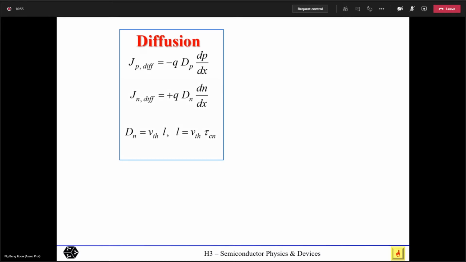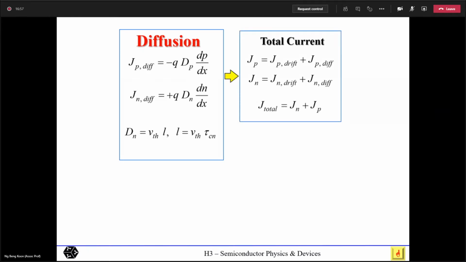So in general, when you look at a semiconductor device, the current density that you get in the semiconductor is essentially made out of 4 components. 2 are due to electrons having the 2 transport mechanisms, drift and diffusion, and the other 2 will be due to the holes, with drift and diffusion.